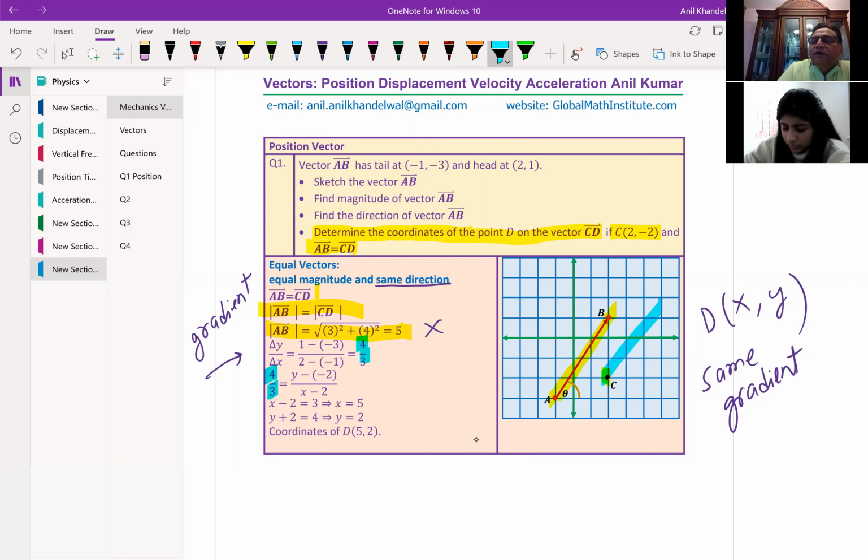And we are using the point D as (x, y). And therefore, (y minus y2) over (x minus x2) will give us the gradient. Equate it to 4 over 3. Now, how do we get two equations from here? Can you see? The two equations are: equate the numerator and the denominator.